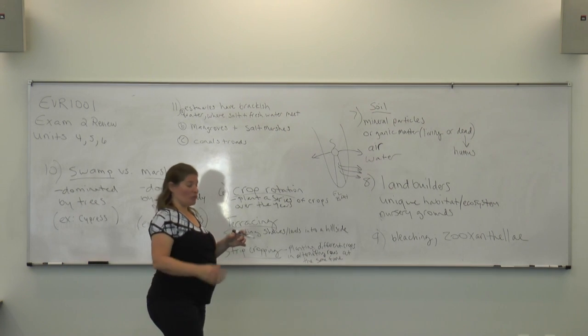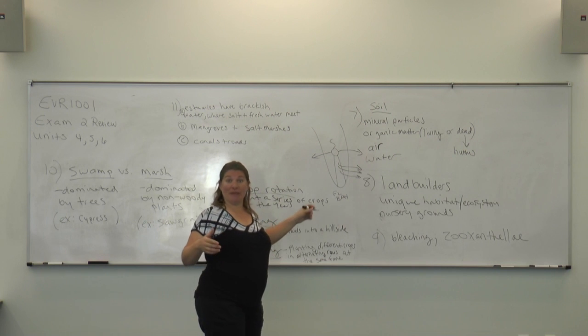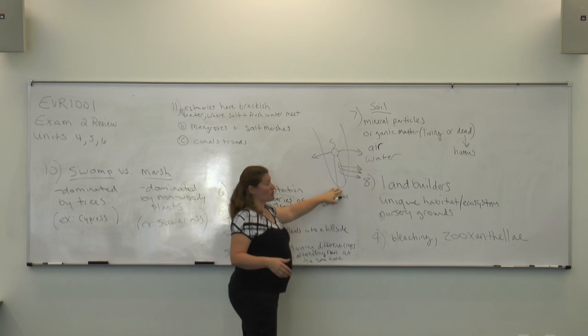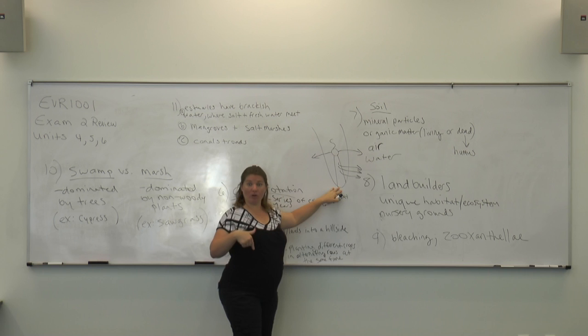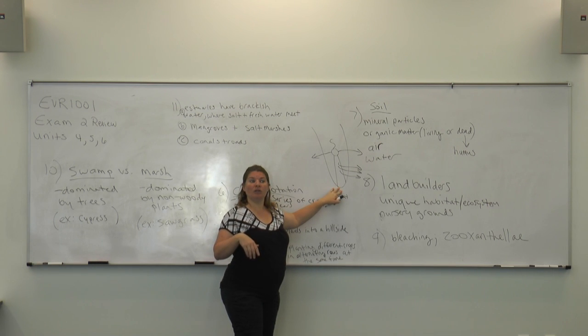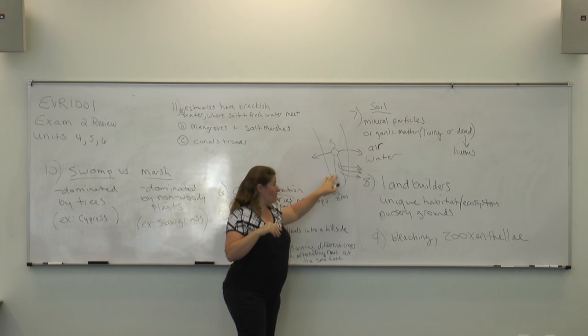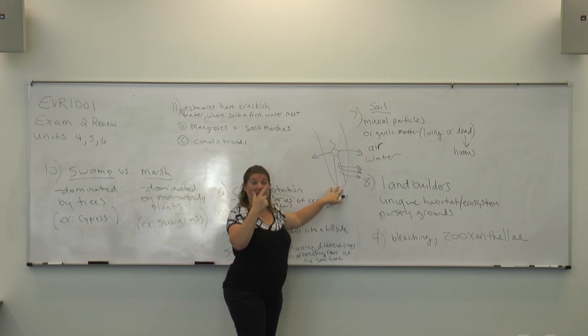Okay? So during the dry season, like now, what's happening with the salinity in the estuary? Is it going up or going down? It's going up, right? Because if it's not raining as much, then there's less fresh water going here. So the salinity gets higher.